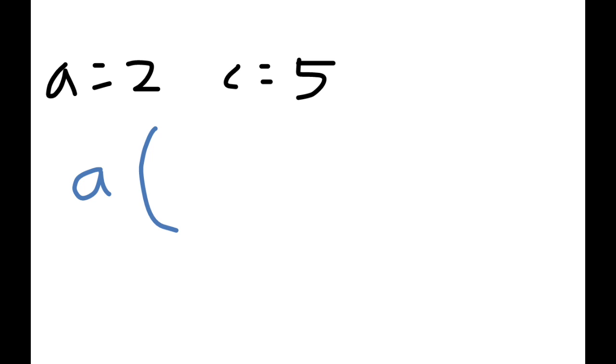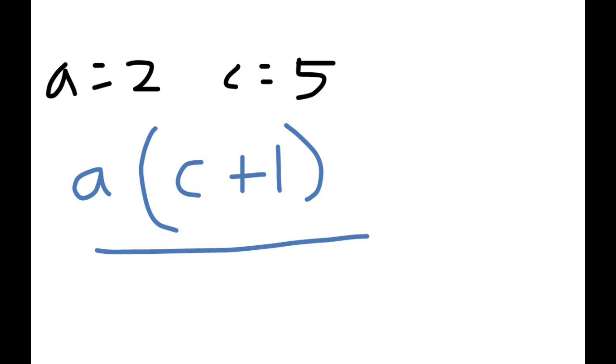Let's use those same values. So what did we have? a equals 2 and c equals 5. Okay, let's say, for example, we have a bracket c plus 1, and then we're going to divide that all by a plus 3.